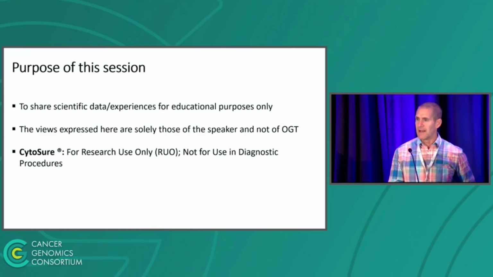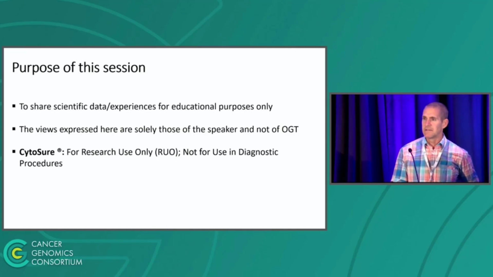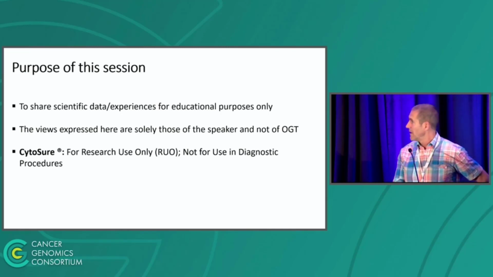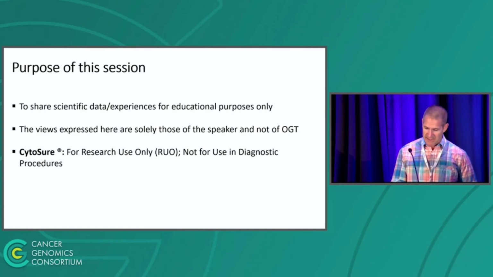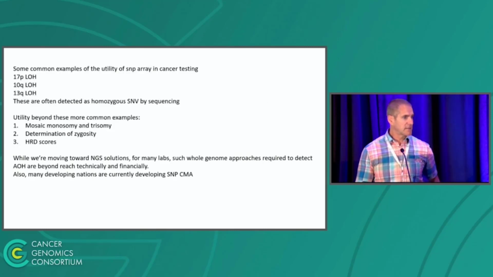There are labs that are still bringing up SNP arrays. So for those groups around the world, hopefully this will provide some insight into how we can play around with the SNPs a little bit, especially in the oncology arena, to get more information and not have to do additional testing in a lot of cases.